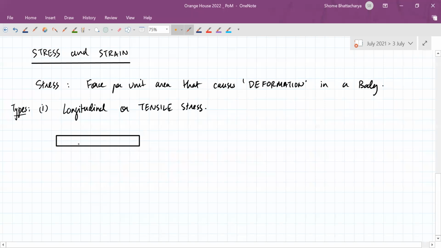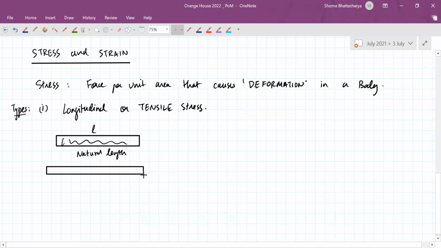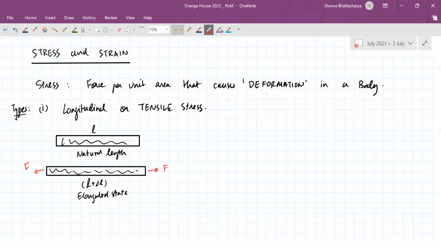If we have a body whose length is L, but we subject it to external forces which are causing it to elongate like this, this force will also create an internal tension.